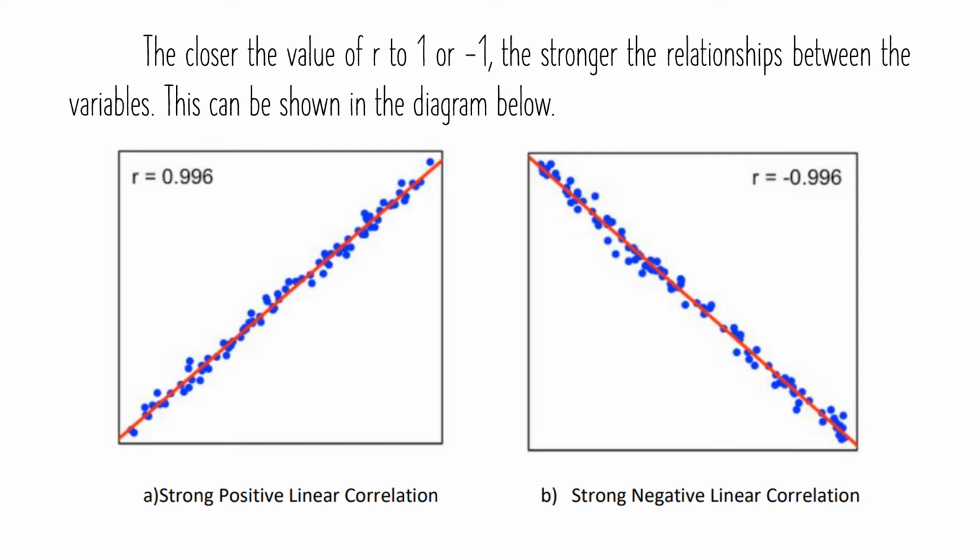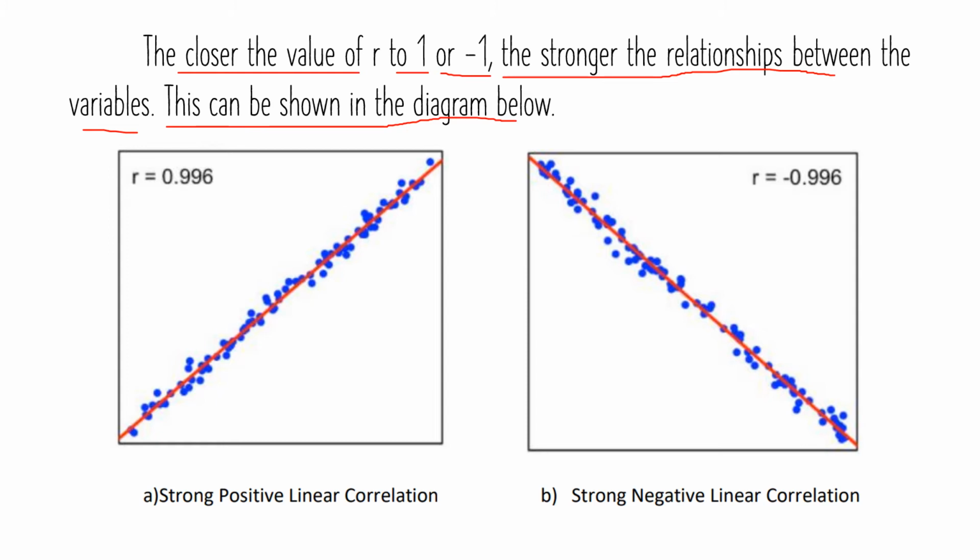So for this slide, the closer the value of r to 1 or negative 1, the stronger the relationship between the variables. This can be shown in the diagram below. To identify the relationship between the two variables involved, the absolute value of r should fall near to positive 1.